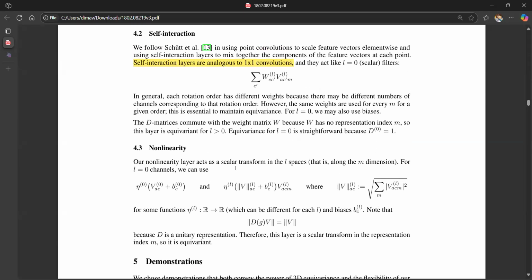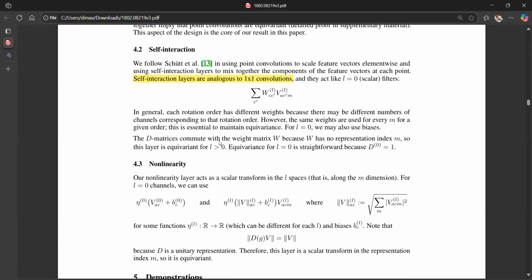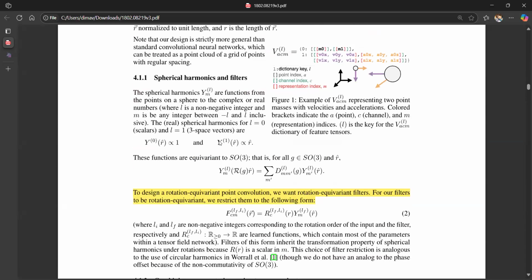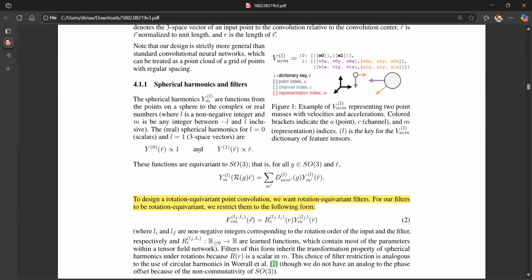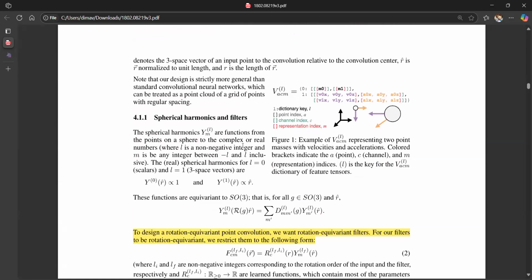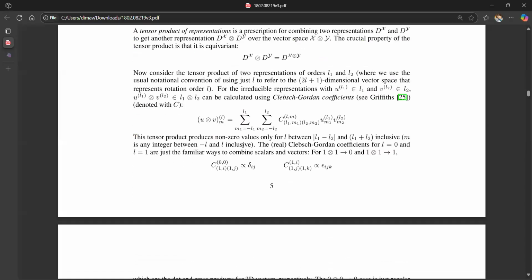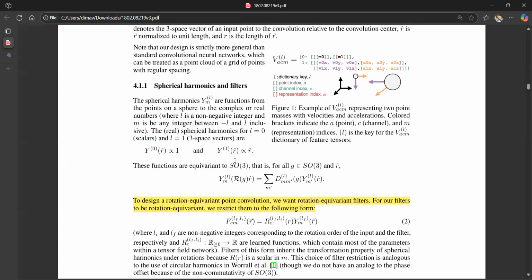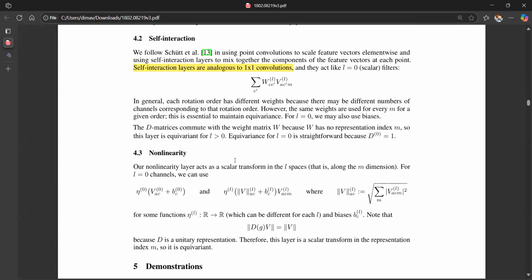That is exactly what this L says, right? So the L that we defined here is a power of the Wigner-D matrix, right? It will just tell you how you transform vectors, how you transform scalars. But that we know.